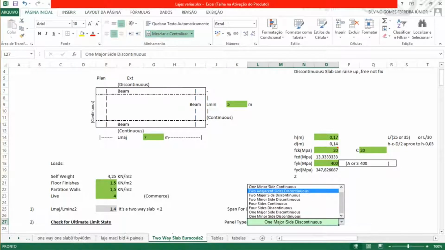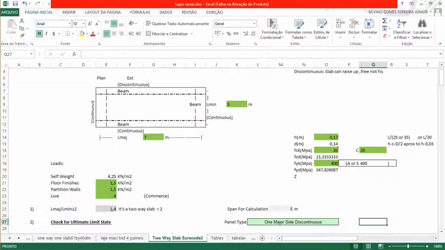No, we don't have two adjacent sides discontinuous. Two major sides continuous. No. Two minor sides continuous. No. Four sides continuous. No. One major side discontinuous. Yes, this is the type of coefficients that we'll be looking at in the British table.